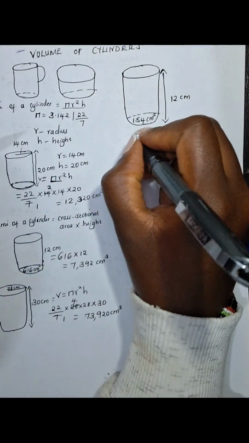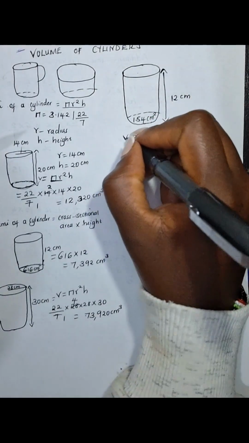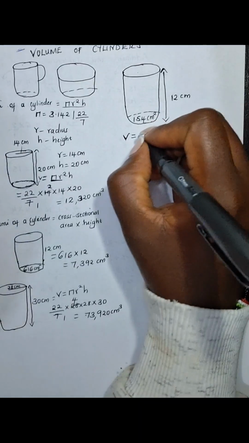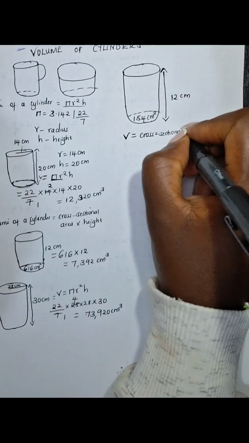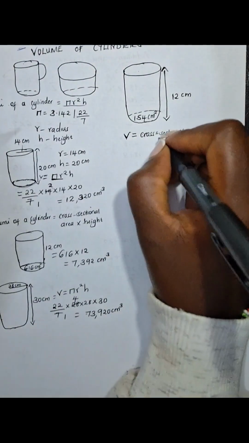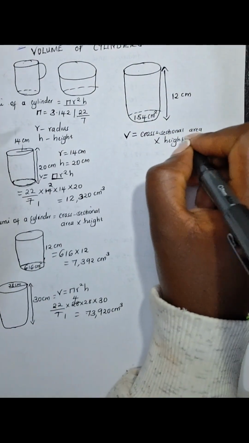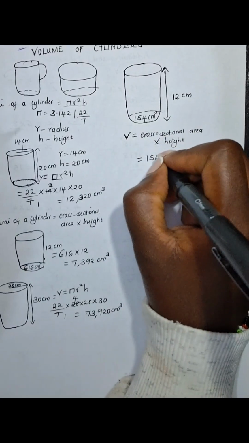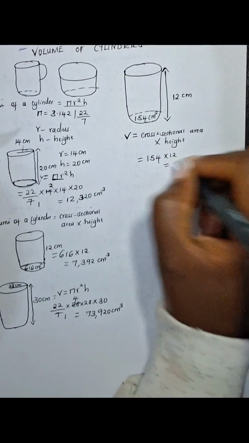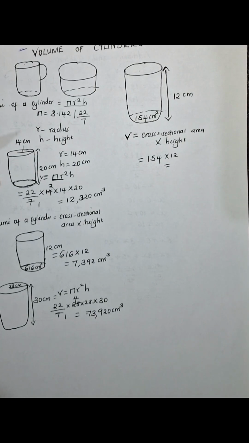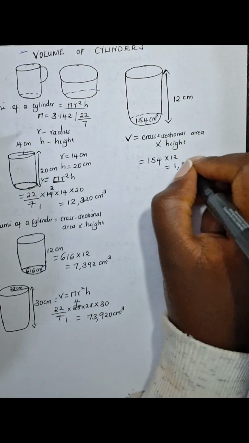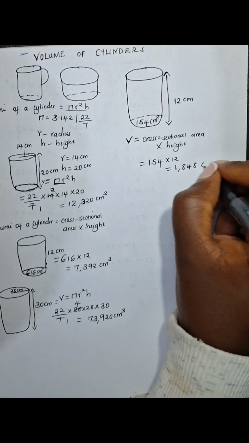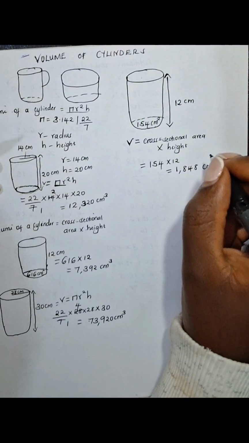So the other formula of finding the volume of a cylinder is cross-sectional area multiplied by height. So you'll just take 154, you multiply by 12, giving you 1,848 centimeters cubic.